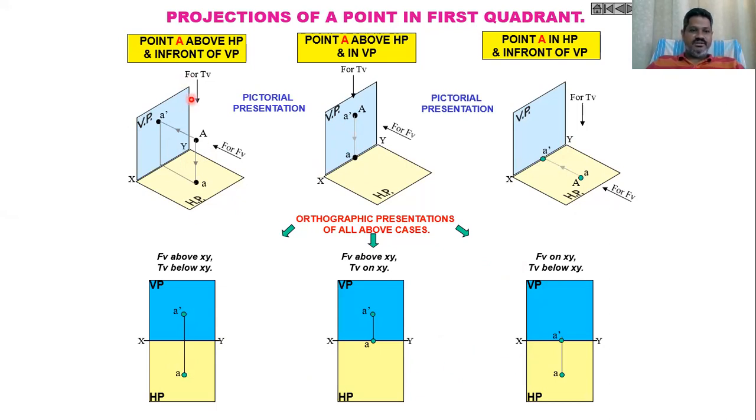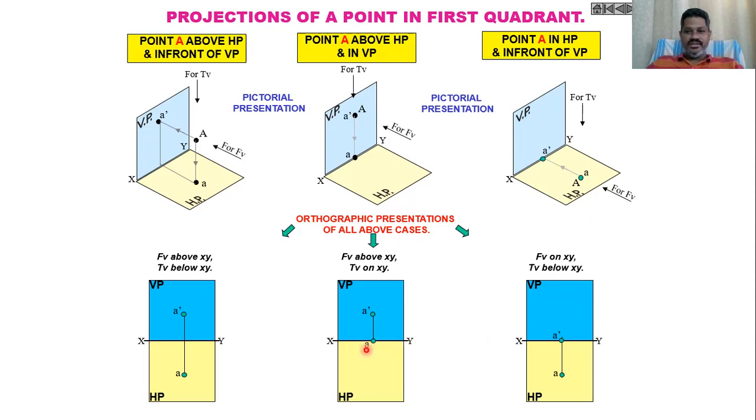In the first case, when the point is above HP and in front of VP, the front view lies above the XY line and the top view lies below the XY line. In the second case, when the point is above HP and lies on VP, the front view lies above the XY line and the top view lies on the XY line.